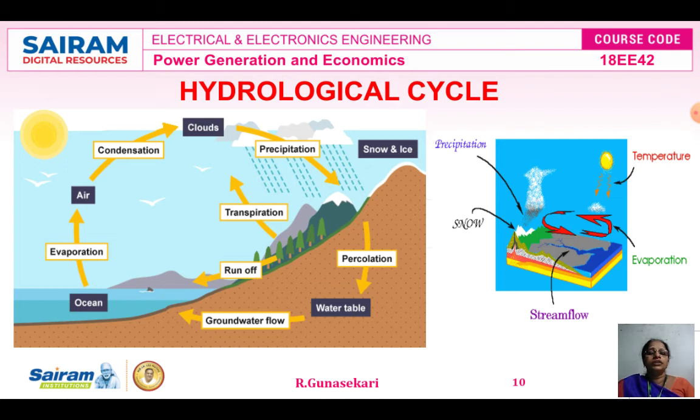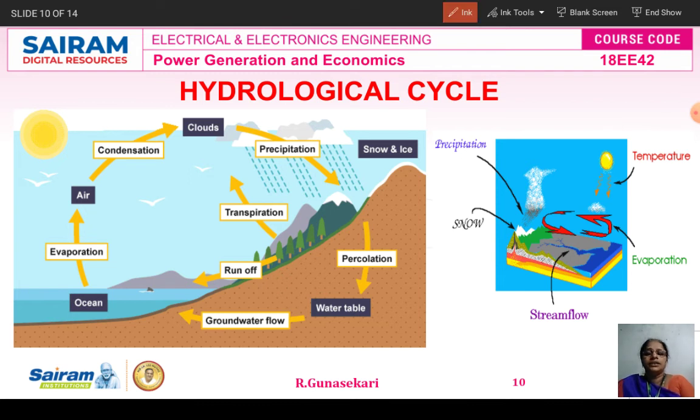Then hydrological cycle. The cycle is very, very important. Now you see the cycle. The cycle consists of evaporation, condensation, and then precipitation, and then percolation, and then transpiration, runoff. Okay, so you see this is the cycle. First, from the ocean it evaporates due to temperature, that is the sun.